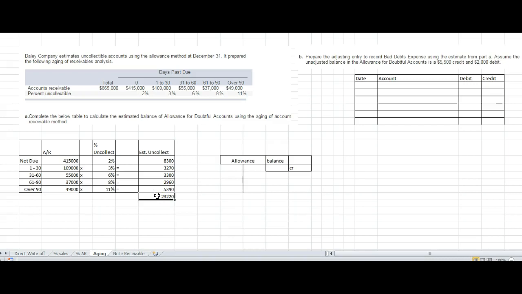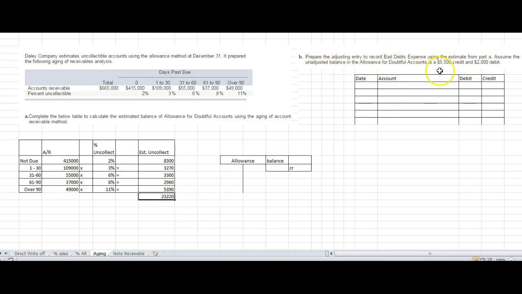You have to remember that previous to this, in the previous period, part of this was also included in the previous. So the question asks, okay, here's your amount, you've got that, and then you want to prepare the bad debts expense using the estimate from Part A, right here, this one.